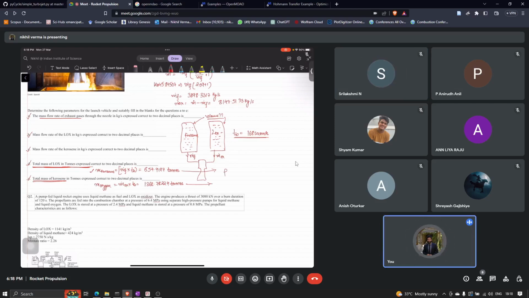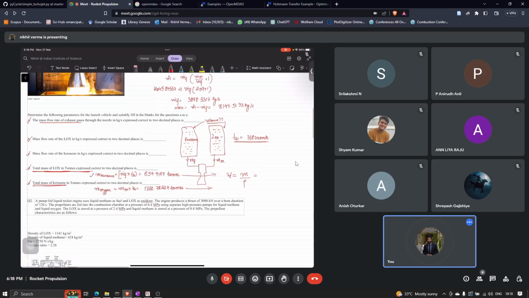So if we have to calculate the volume of the tanks, it is equal to the mass divided by the density.